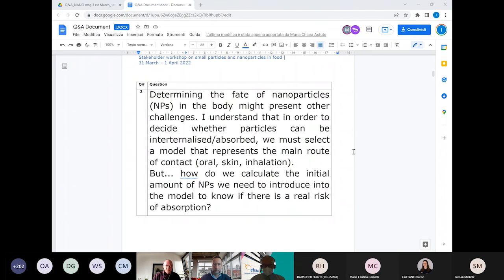So we had in that case a mass-related value, which in absence of any other approach or any other data could be used as a worst case. Based on the structural specifications of the material, and the density, a number of particles could be calculated mathematically. But as I said, in absence of any other approach, this would be the worst case.